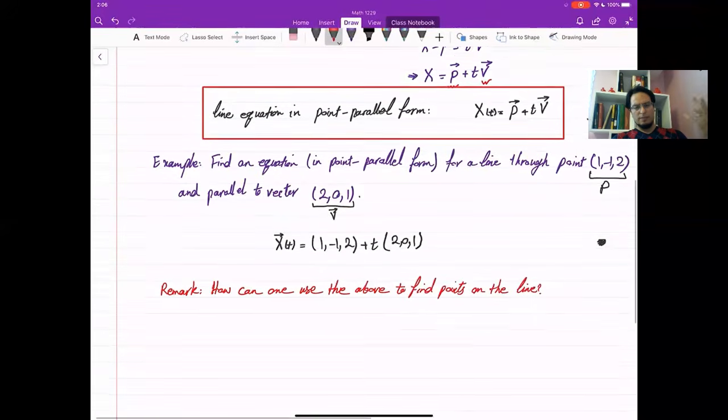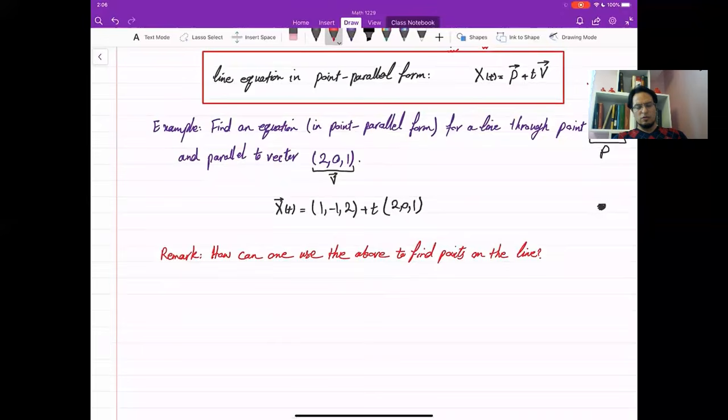So we already know that P, (1, -1, 2), is one point, but in general, how can we find more points? Everything depends on the variable t, which we call the parameter.